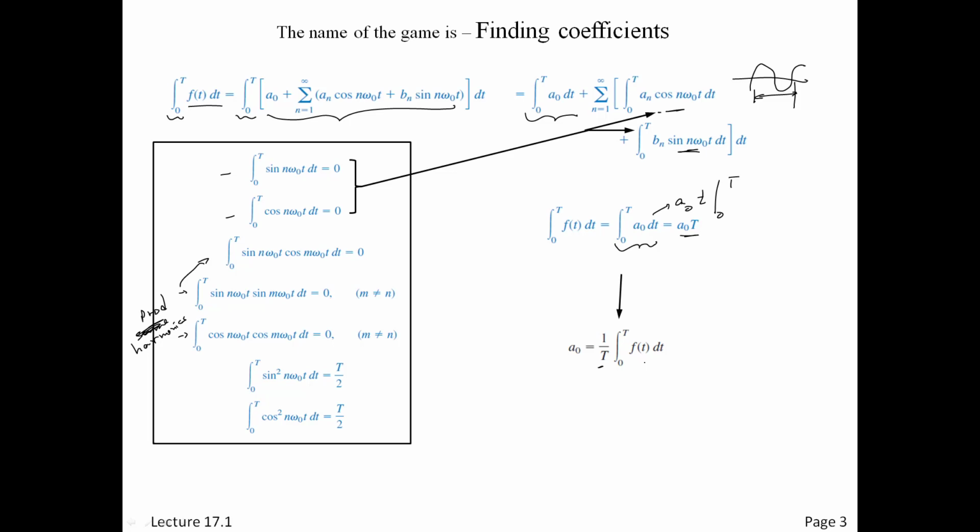All right, how about some other terms? Following up with our cosine, this part of it, the integral of f of t times the cosine. So I should actually be clear, we're actually going to try to solve for the cosine coefficients.